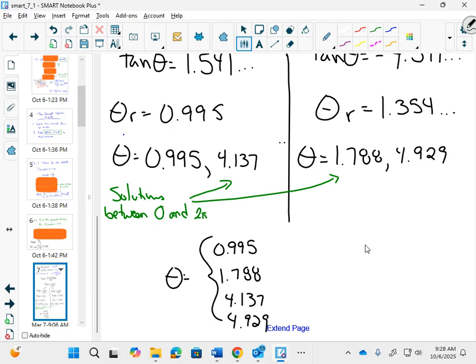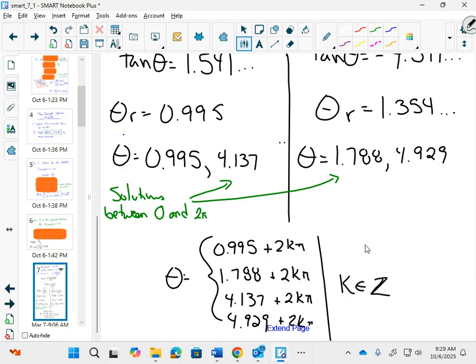Take all four of our answers, and to each one we add 2k pi. This one we add 2k pi. This one we add 2k pi. Draw a straight line, and define that k is part of your integers. And now we have the general solution.